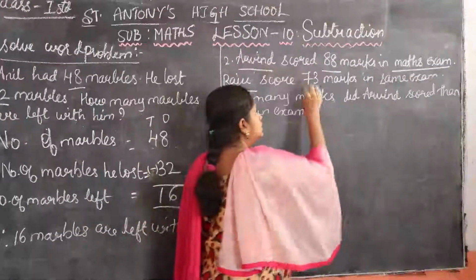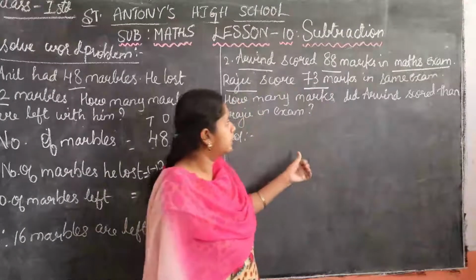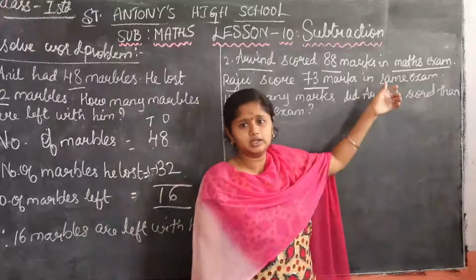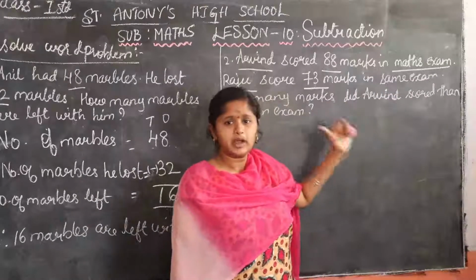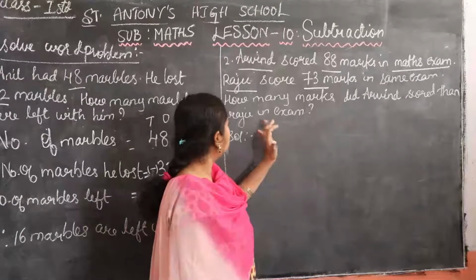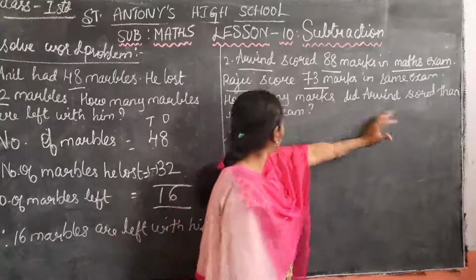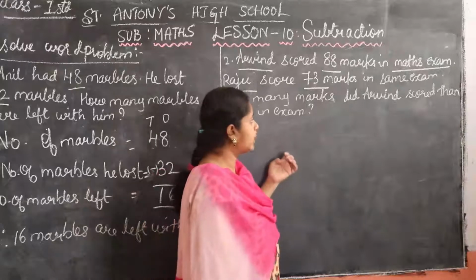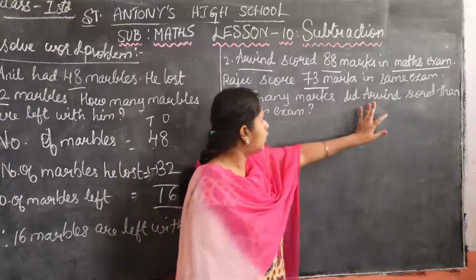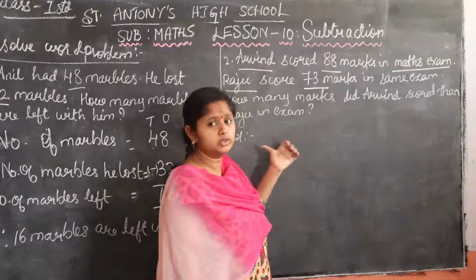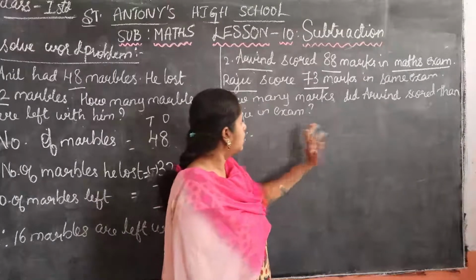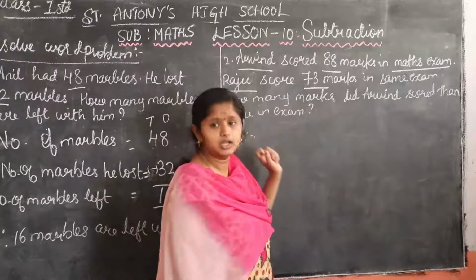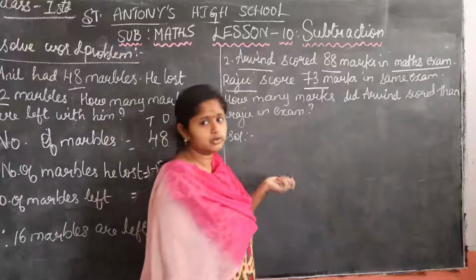Raju scored 73 marks in the same maths exam. Now how many more marks did Arvind score than Raju in the exam? That we have to find out now.